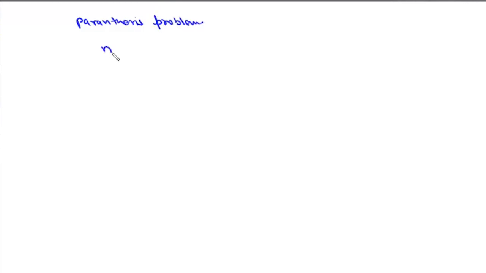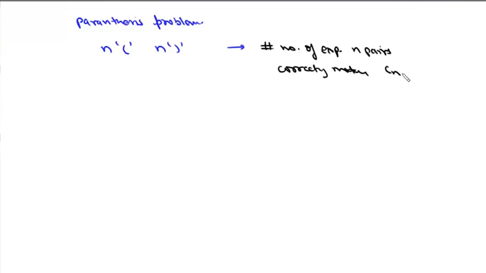So if we have n left parenthesis and n right parenthesis, then number of expressions in which n pairs are correctly matched is given by Cn. Now say for example, suppose we have 3 left parenthesis and we have 3 right parenthesis, then we can write them as this one.